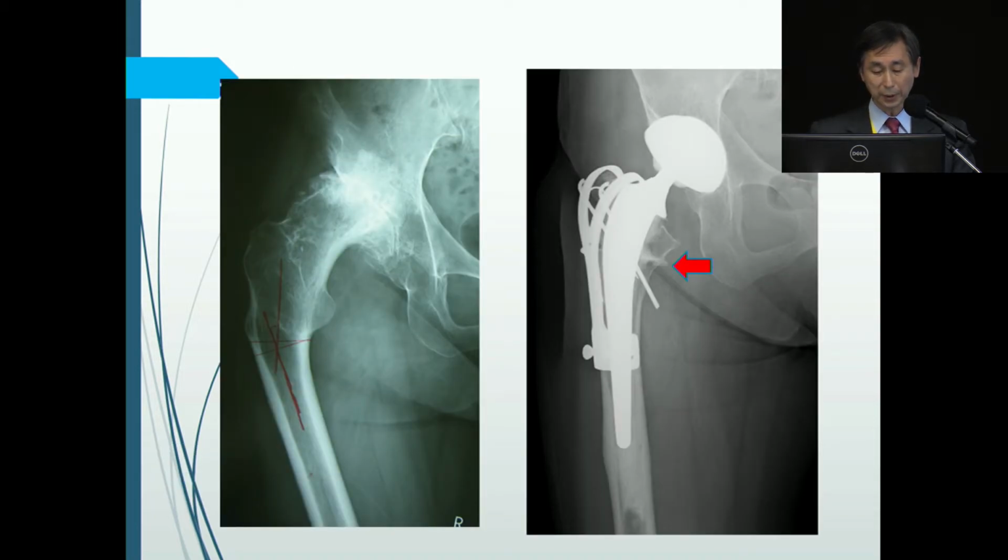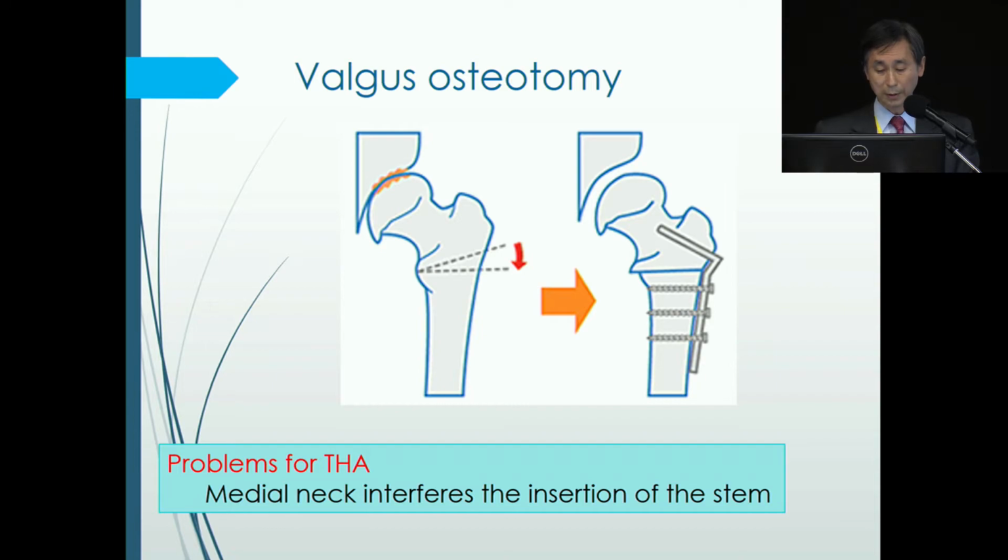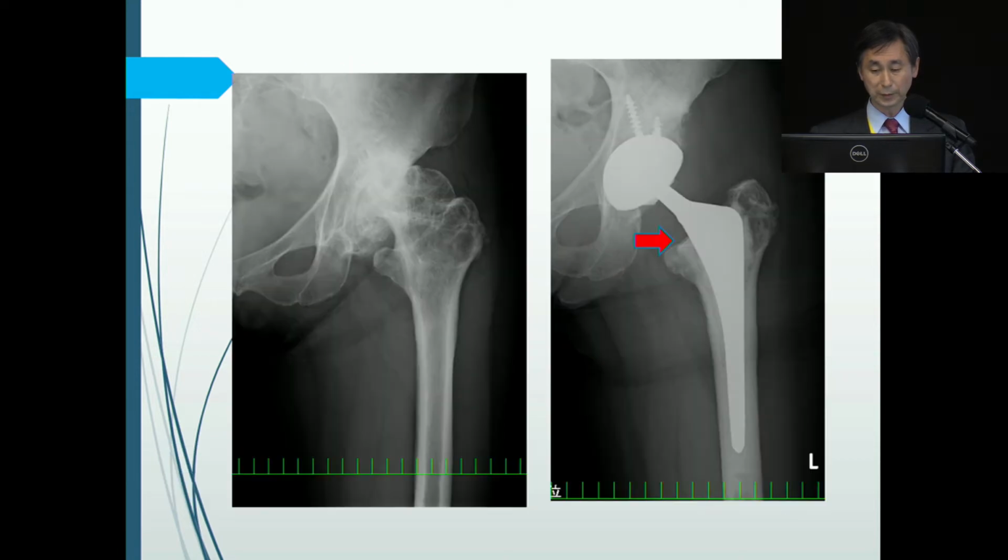In this case, correction osteotomy should be done to insert the stem. And in this case, transtrochanteric osteotomy was performed to insert the stem. In varus osteotomies, the medial neck interferes with the insertion of the stem. In this case, we have to cut the medial neck to avoid valgus insertion of the stem.